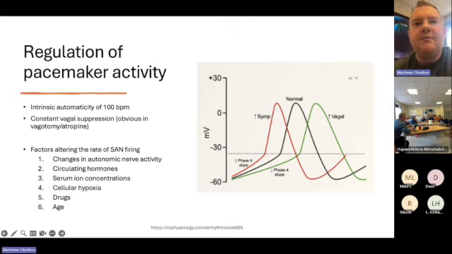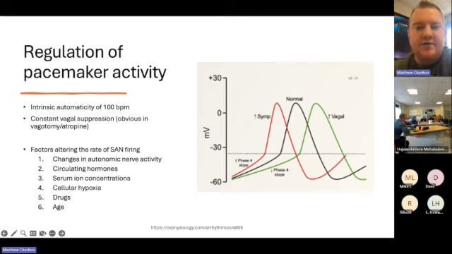So the resting membrane potential, or sort of semi-resting membrane potential, is maintained by sodium potassium ATPase. So if you've got cellular hypoxia, you don't generate any ATP, so you can't maintain that. Okay, and therefore, if you can't maintain that, you approach the depolarization part at a much earlier time point, and therefore you can get tachycardia.